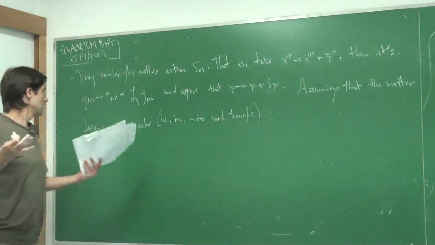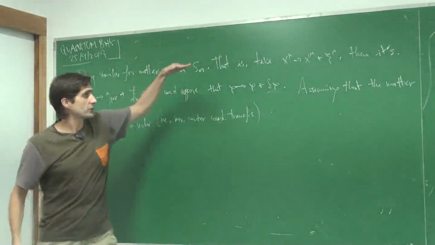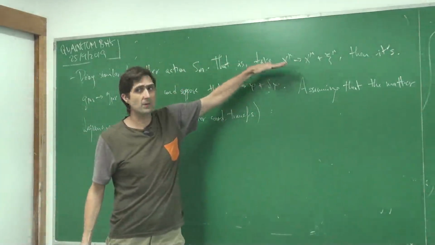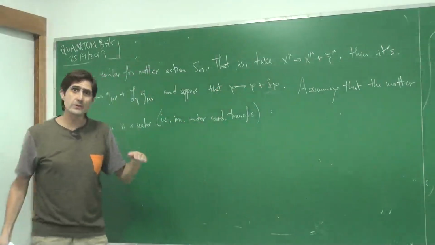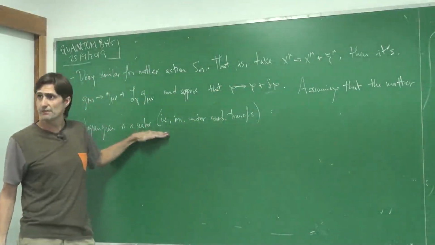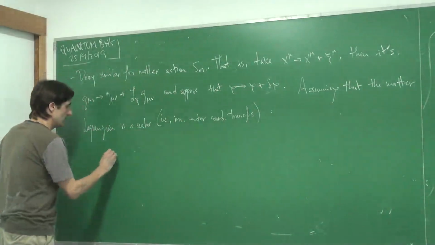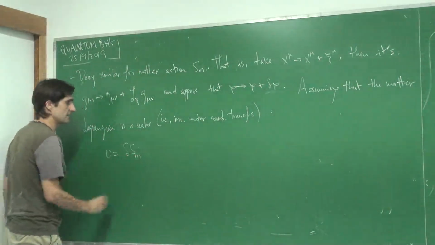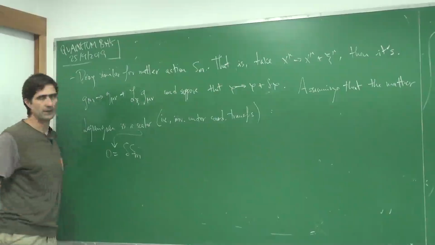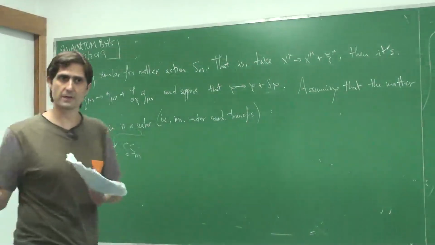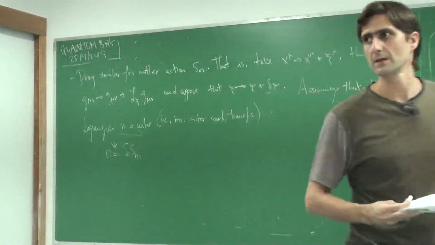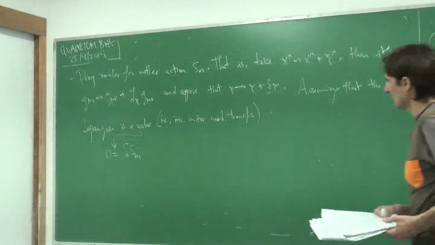We're just applying an infinitesimal coordinate transformation, and I'm assuming that the matter action is invariant. We assume that the Lagrangian is invariant, and therefore the matter action is invariant.